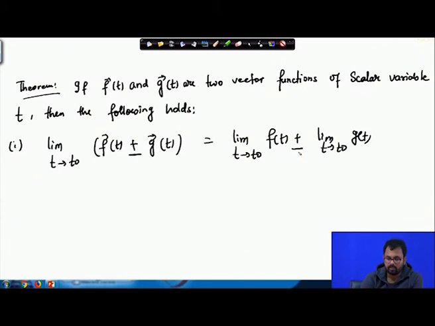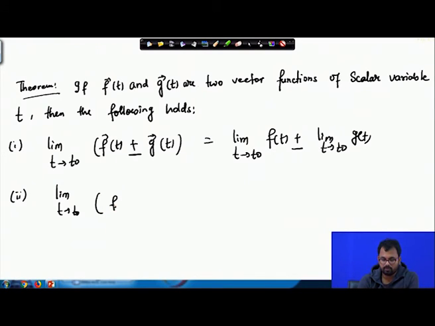Now, if we have a product of two vector functions, we simply do not have an ordinary product in vector functions. We either have the scalar product, which is also called the dot product, or the cross product.